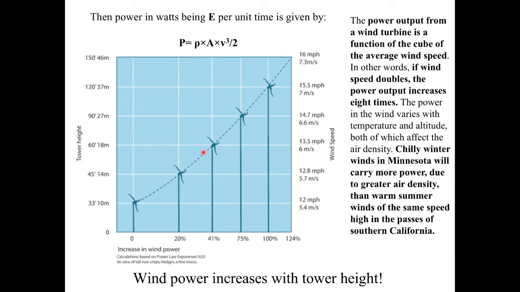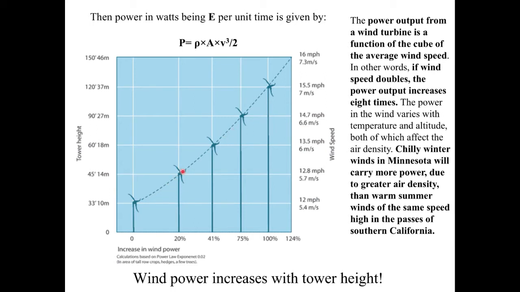And one of the things that you can see here on this graphic is the tower height, meaning the top of the nacelle, and the wind speed is on the right y-axis. And what we know is if you look at the x-axis, we can calculate the increase in wind power as a function of the height of the tower and the corresponding wind speed.